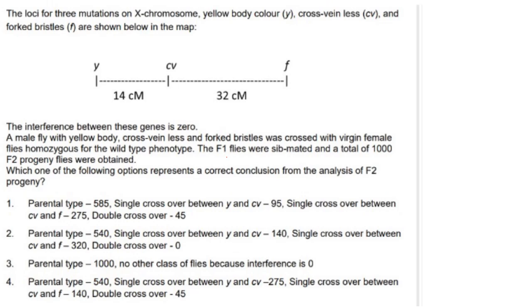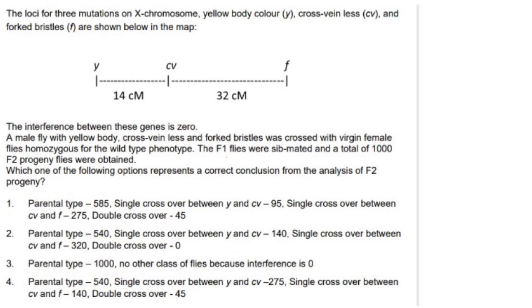A male fly with yellow body, cross veinless and forked bristles was crossed with a virgin female fly homozygous for the wild type phenotype. So a male has only X and Y and the female has 2 X chromosomes. There will be no recombination from the male, as the male has only a single X chromosome.